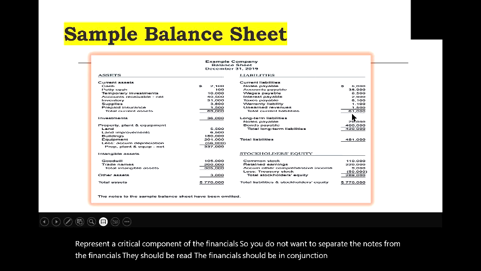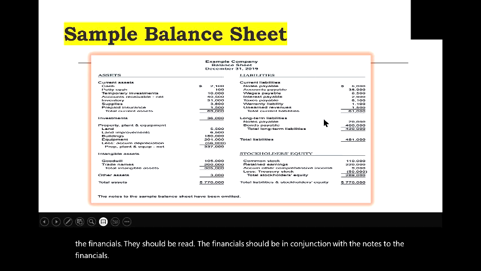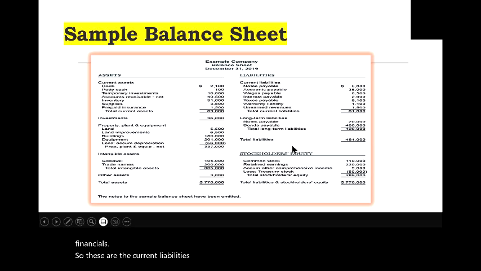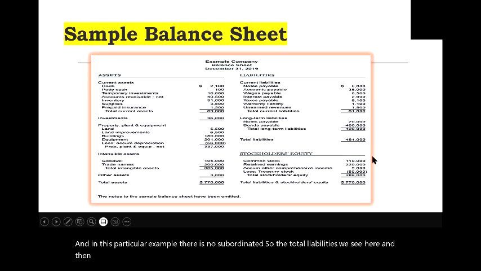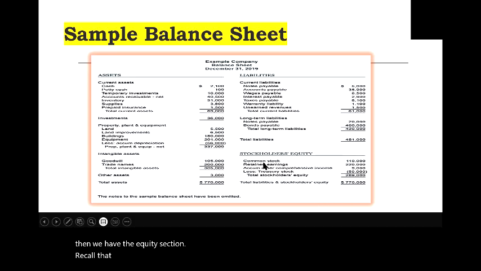So these are the current liabilities, and we then have the long-term debts. And in this particular example, there is no subordinated debt. So the total liabilities we see here, and then we have the equity section. Recall that the business structure affects the presentation of information on the balance sheet.